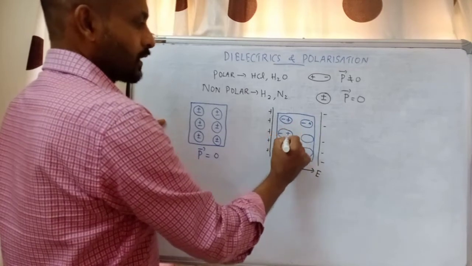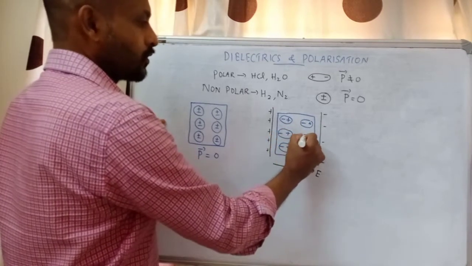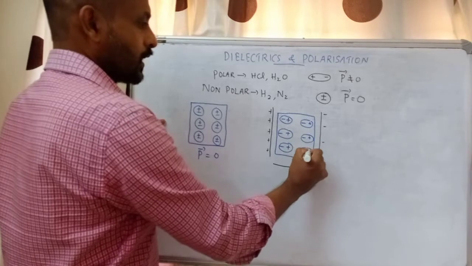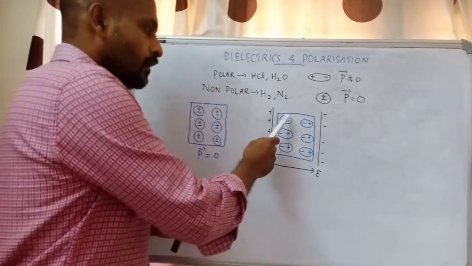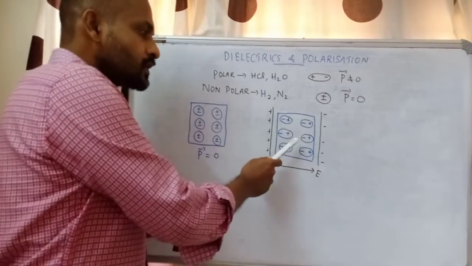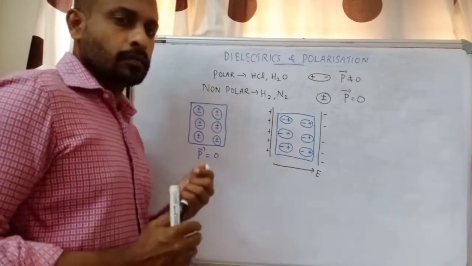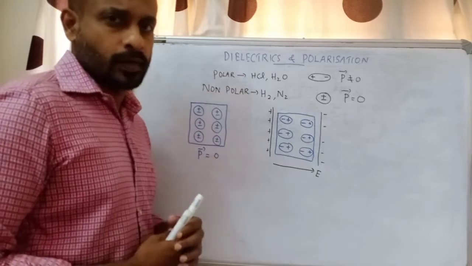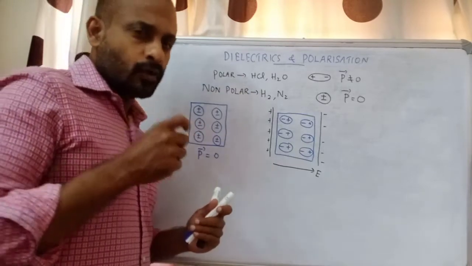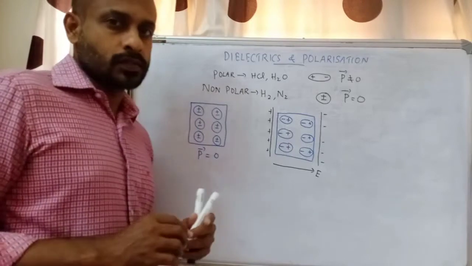So this will be arranged like this. Charges will be redistributed like this. Now charges are slightly separated in each and every molecule of this dielectric. Now it possesses some dipole moment. We can say it is an induced dipole moment. We are inducing a dipole moment for these non-polar molecules.